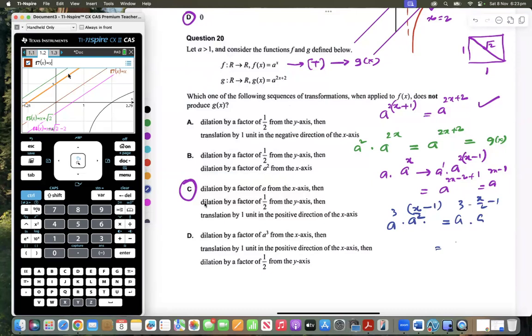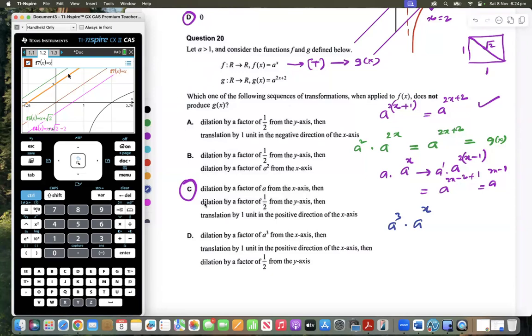Is that right? No, sorry, it's half. My mistake. Let's do it again. It's half. Should be a to the power of 3 times a to the power of x. Okay.